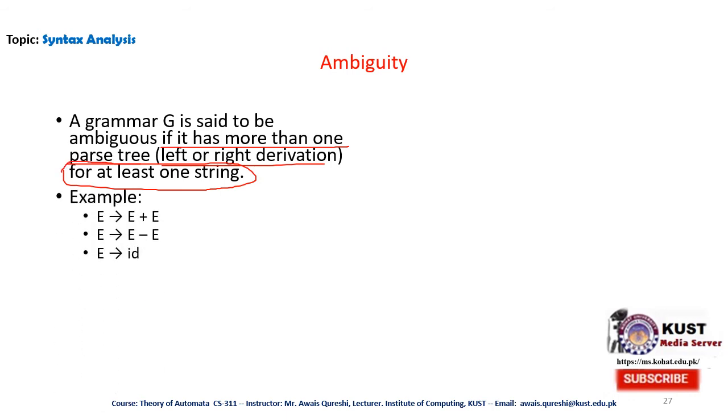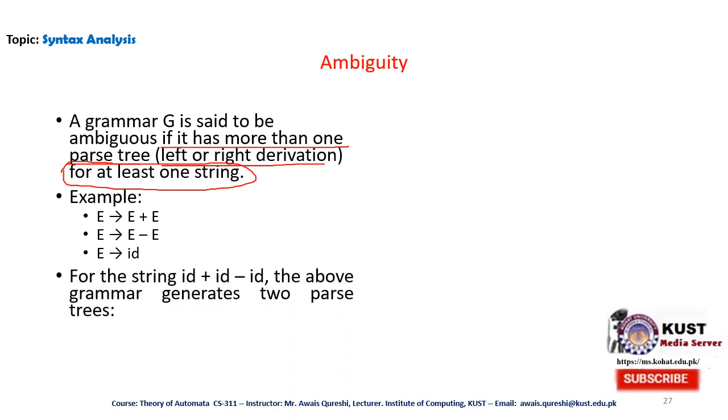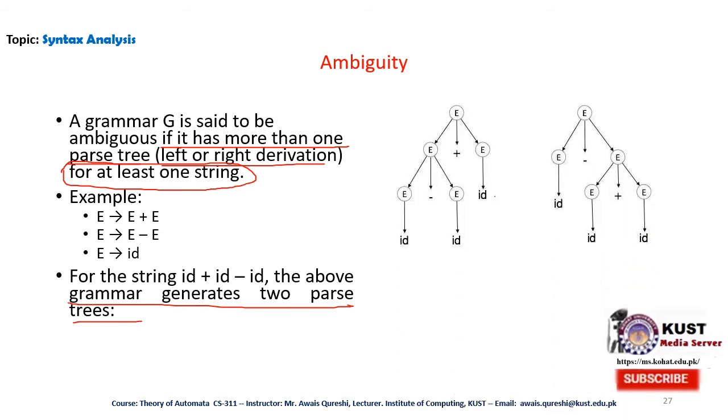Example, we have seen these production rules. These are called production rules, and for the string id plus id minus id, the above grammar generates two parse trees. For one sentence, we have two parse trees in a grammar, and for that reason we can say that the grammar is ambiguous because it has this parse tree and it has this parse tree.